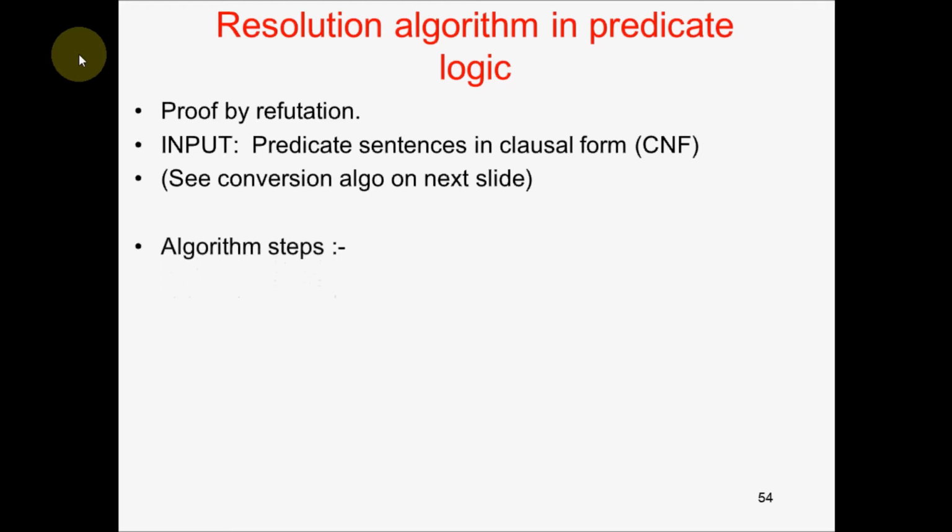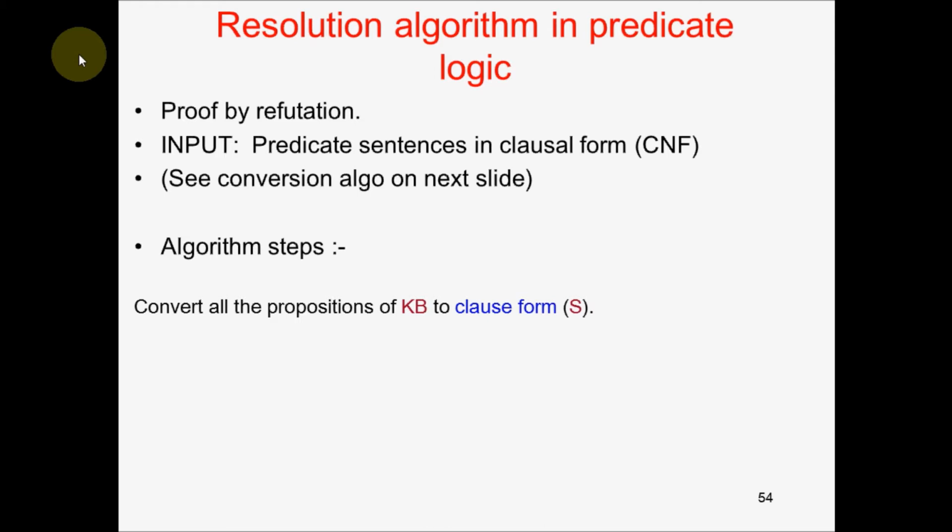The steps of the algorithm are, first, convert all the propositions of the knowledge base to clausal form. So this is mandatory. Kindly note, I have used a word called propositions; here it should be predicates. So convert all the predicates of the knowledge base to clausal form. Now let us assume that alpha is supposed to be proved.